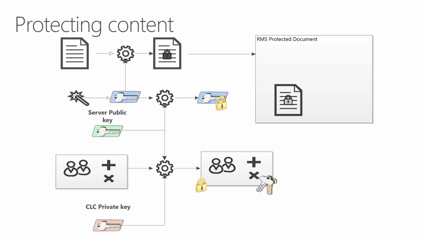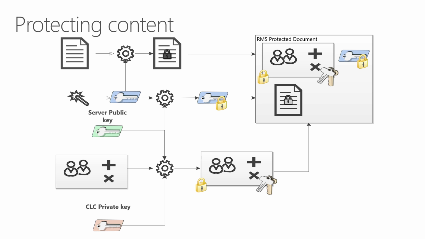So all this information will be embedded into the document. If I can do a demo, then I'll show you the size change of the document. As a result of the protection, the document will become that. The document itself will be encrypted. The key will be embedded and encrypted inside the document. And also the license is signed, encrypted, and embedded into the document.